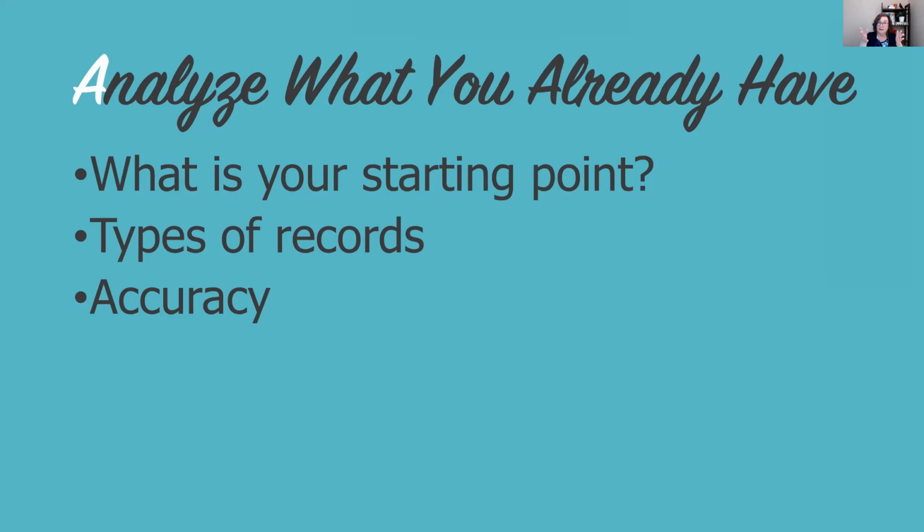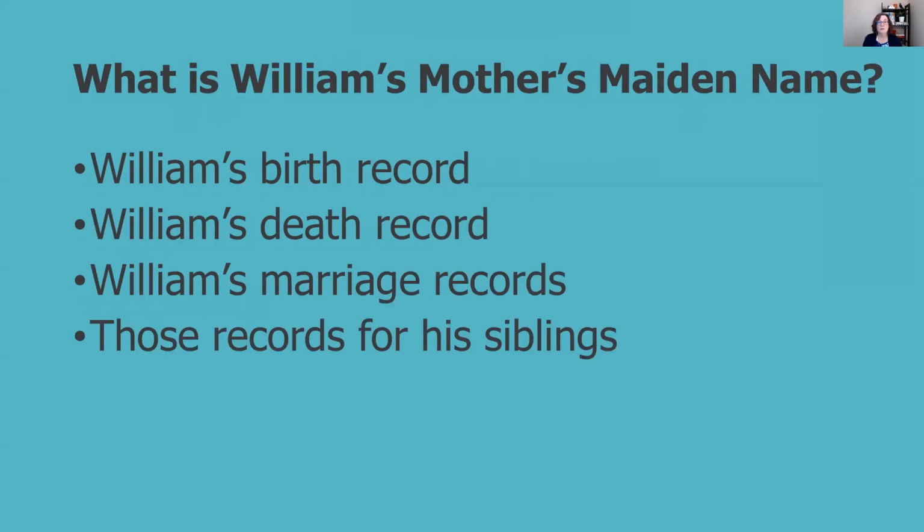Well, just like any other record, that death certificate really depends upon the knowledge of that informant. So, how accurate is it? Thinking about all of these things as you're analyzing to really get to that starting point. So, if we're thinking about our hypothetical situation of what is William's mother's maiden name, we go back through and we think about the types of records that could give us the answer.